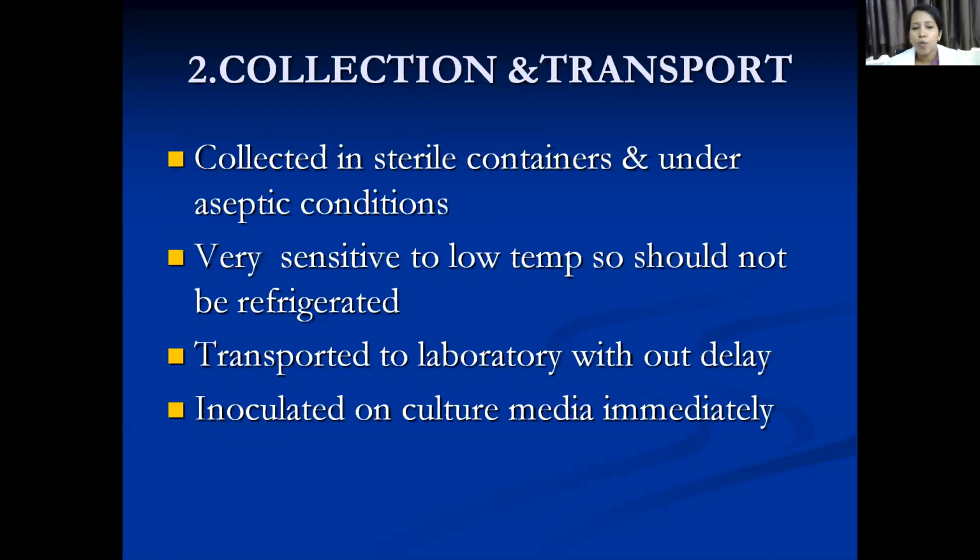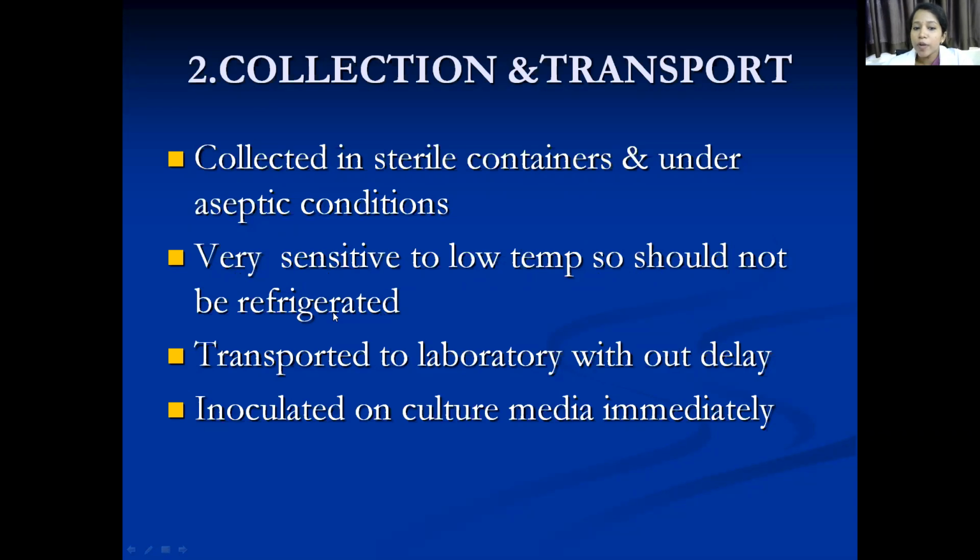Then after collection, what do we have to do? It has to be collected in a sterile container, like all specimens, and under aseptic conditions. They are very sensitive, very delicate.